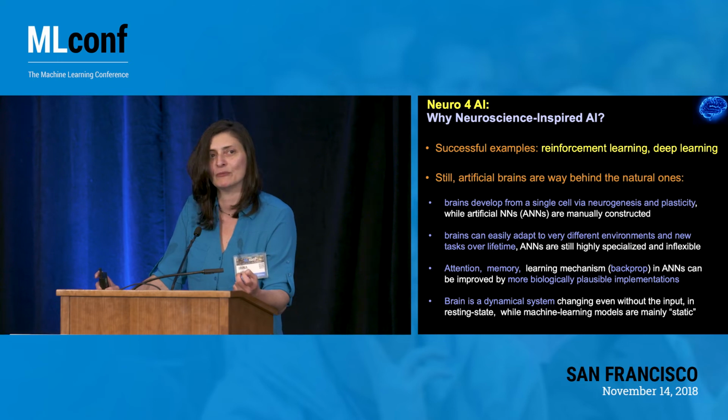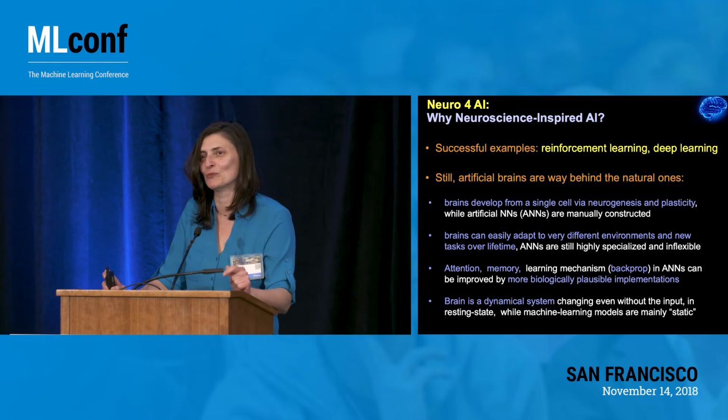So hopefully, if you make them a bit more aware of how this system works, maybe you can gain something for AI as well. And reinforcement learning is another classical example of using neuroscience inspirations to come up with quite effective AI. There are multiple things that are still not quite there with modern artificial systems, such as plasticity, neurogenesis, and so on.